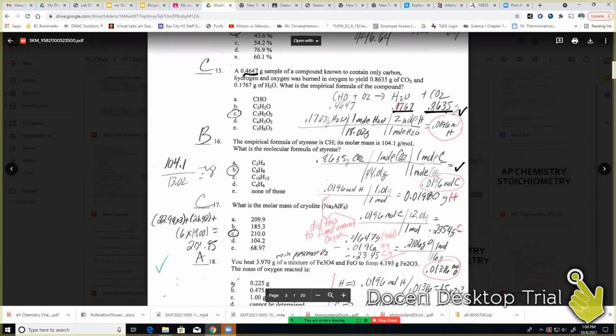Once again, I'm not saying it was the shortest way to get there, for sure. So what I did here is I took my moles and converted them back to grams so I could subtract them from that total amount. Does that make sense? Because hydrogen was only in one place on the product side and carbon was only in one place on the product side. So the one that causes trouble here is the oxygen.